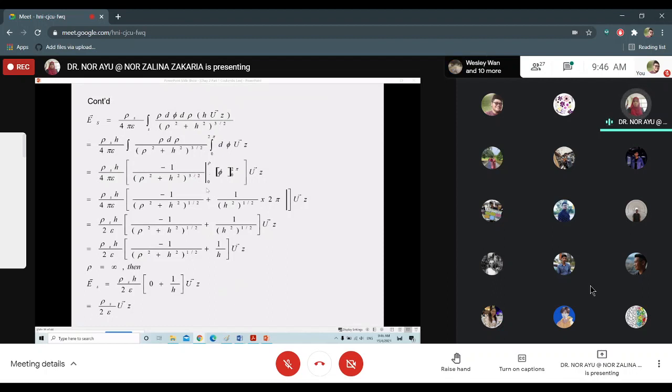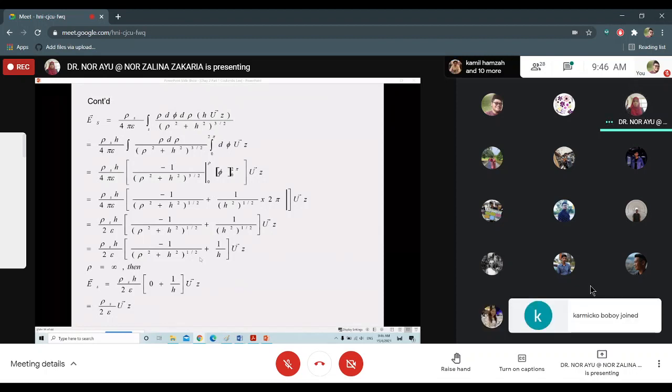And then the limit is 0 to rho. And then this one, the limit is 0 until 2 pi. Okay, so please solve this thing until you get the last one will be this. Ataupun this one.